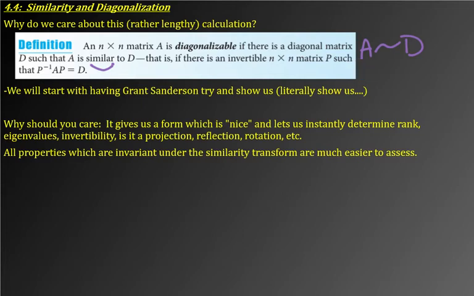I'm talking about rank, eigenvalues, invertibility, stuff like that. So it's always nice in math if instead of working with a complex matrix, you can work with a simple diagonal one. A lot of times we do this and then just work with that rather than working with this messy thing.